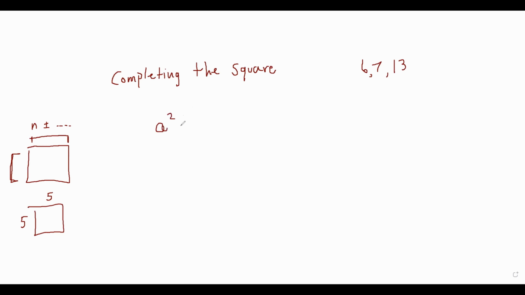a squared minus 11 over 12 a plus c. Okay, so let's do the thing that we did last time. b over 2, b over 2 squared. So our b is negative 11 over 12. What's b over 2? I don't really know. It'd be like 5.5 over 12, which is also 11 over 24.